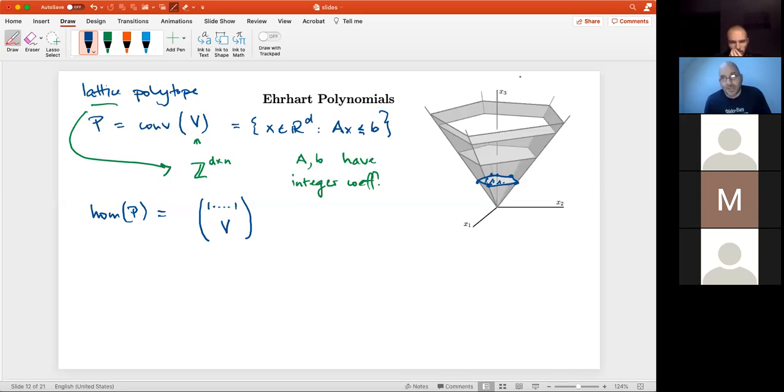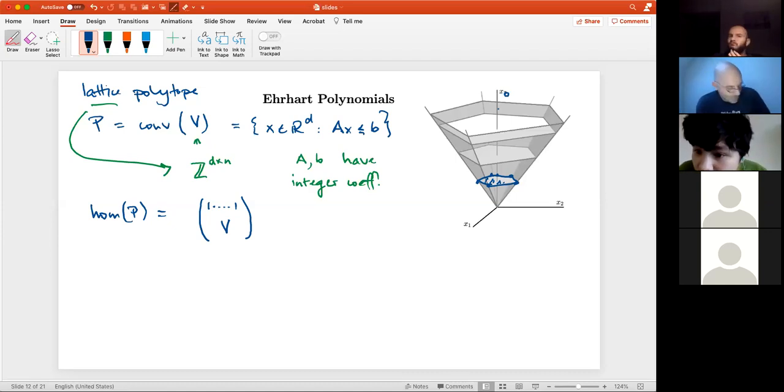So maybe we shouldn't call this the x3 coordinate, but the x0 coordinate. And now I take the non-negative span of this. My notation over here just means take linear combinations of your column vectors with non-negative coefficients. This is a polyhedral cone, this 3-dimensional cone that you see in my picture.